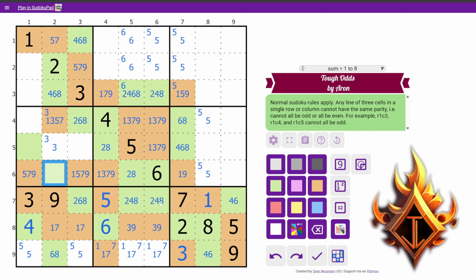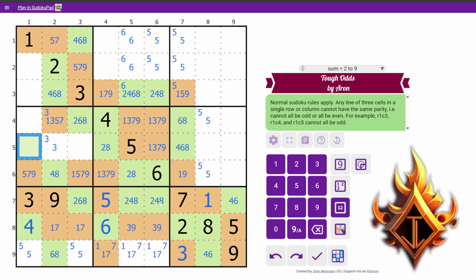This will be a 4 or 8. It sees 2 and 6. This one only sees a 4. Dokie.